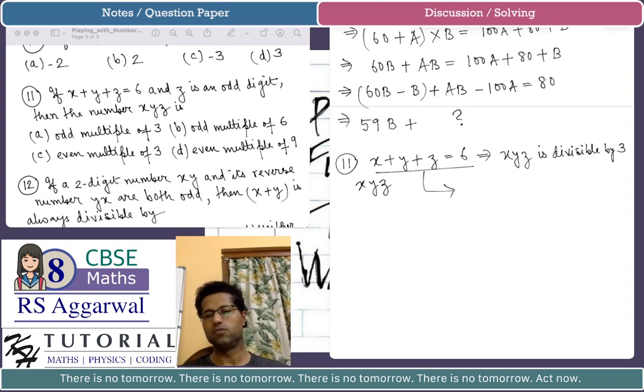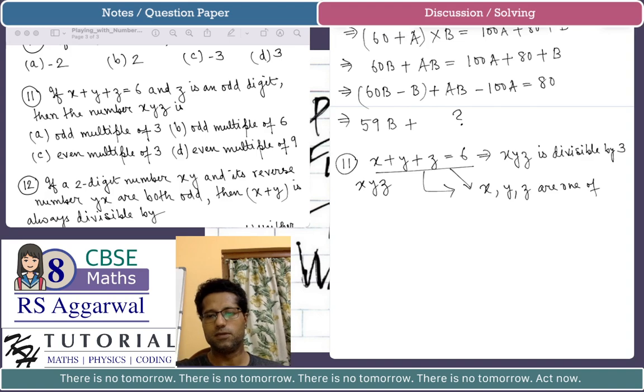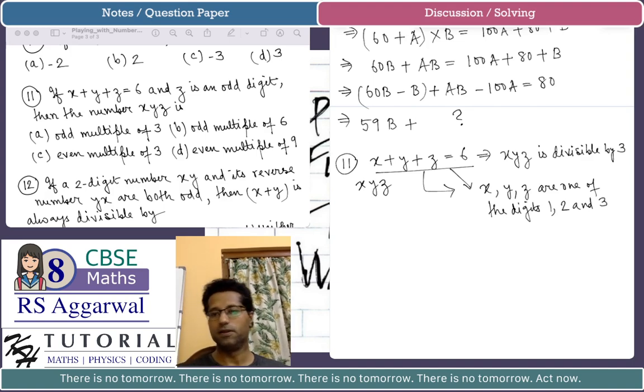Now from the 1, 2 and 3, this implies that x, y, z are the digits 1, 2 and 3. That is, they are different digits obviously.